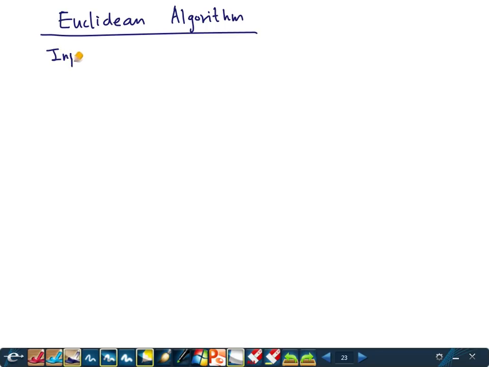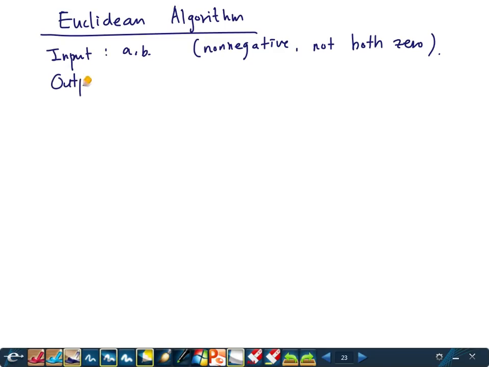So input A, B, non-negative, not both 0. Output, of course, GCD.